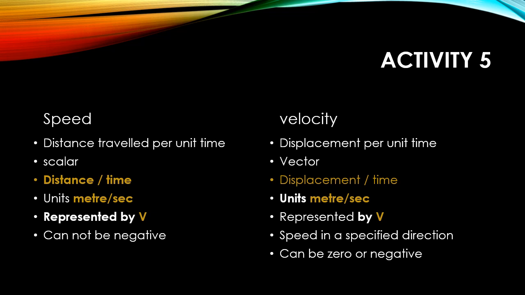And as the direction changes, if a car is going backwards or applying the brakes, then its velocity can be negative. So velocity can be negative or 0, but speed cannot be negative.